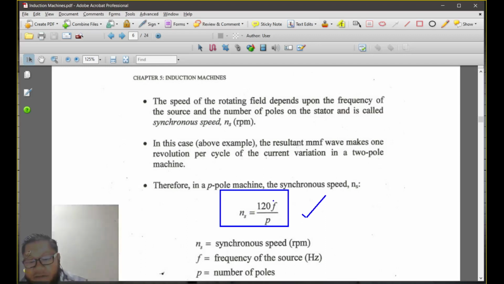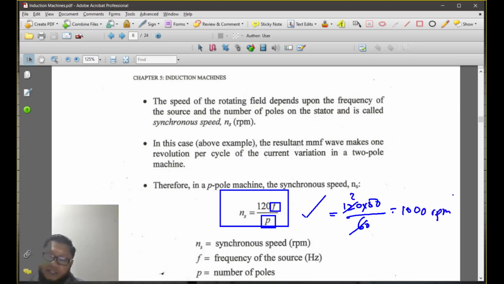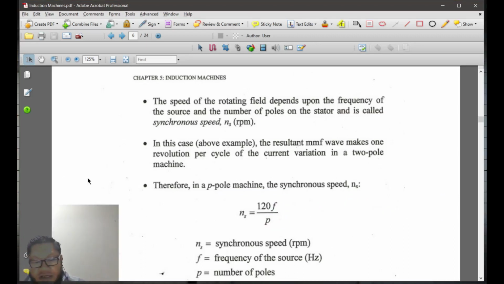So if you have 50 hertz and 6 poles, you have 120 multiplied by 50, divided by 6, so you get 1000 RPM, revolutions per minute. So it rotates 1000 times in 1 minute, with 6 poles and 50 hertz frequency.